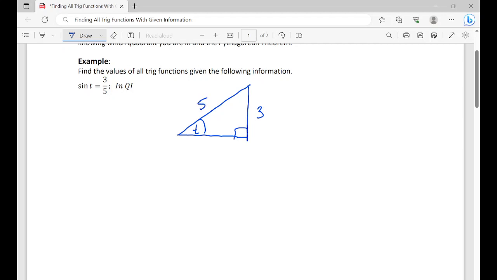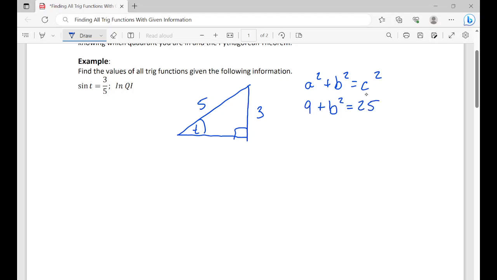So we still got to find the adjacent side here. And we can do that by using the Pythagorean theorem. So a squared plus b squared equals c squared. And so a squared is 3 squared, so that's going to be 9. Trying to find b squared, and c squared is the hypotenuse squared, so 5 squared is 25.